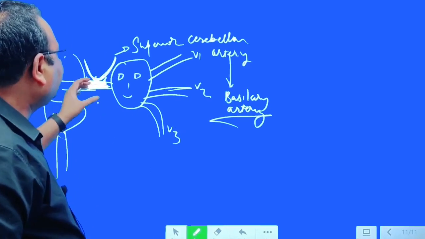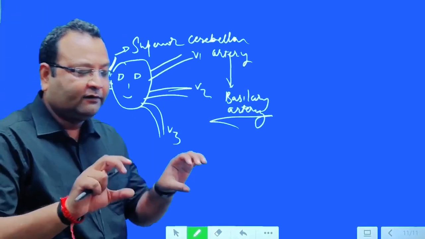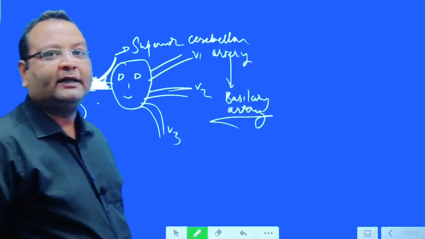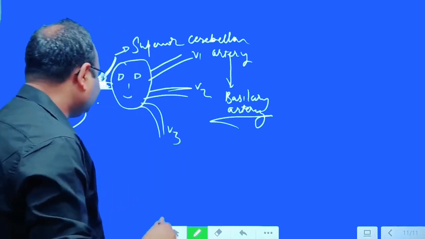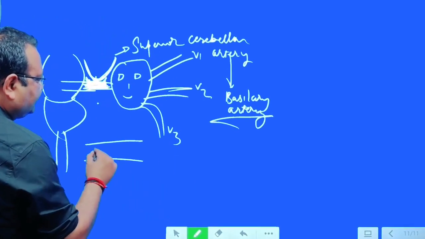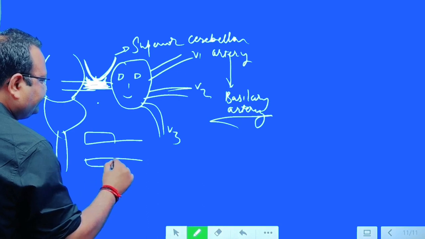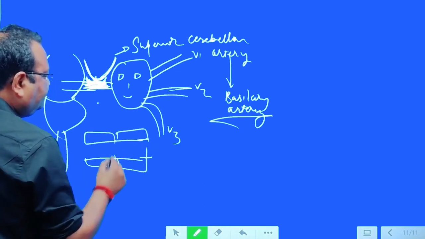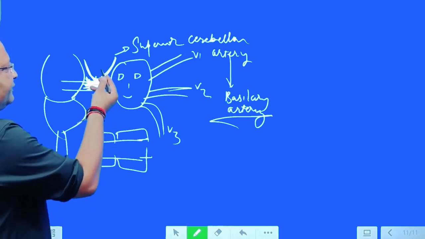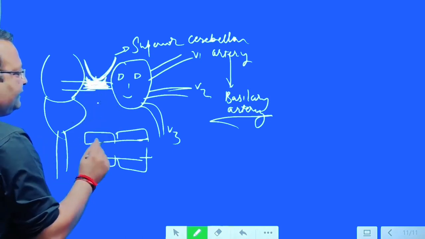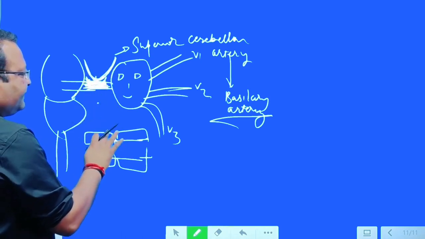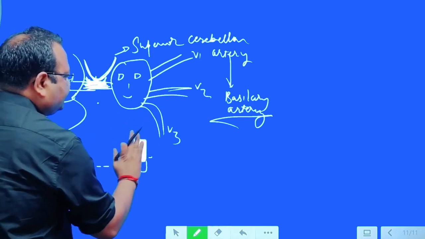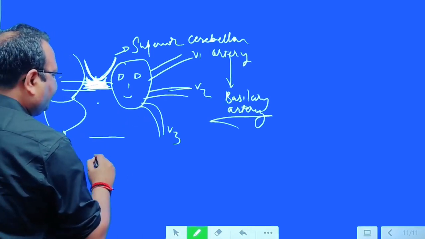Now, as you know, the sensory root of this nerve is covered by the myelin sheath. Because of the constant irritation by this vessel, this myelin sheath gets removed.